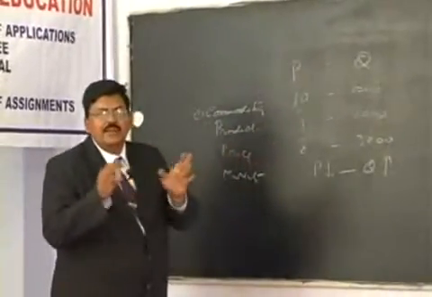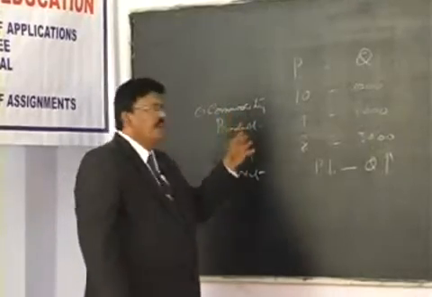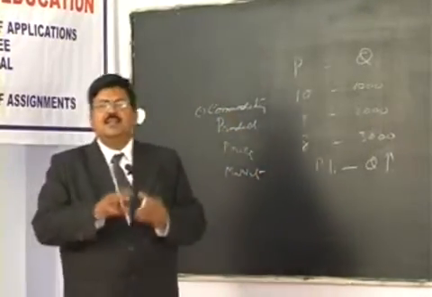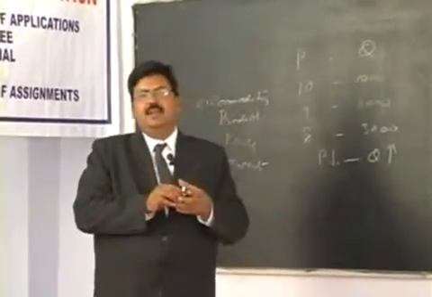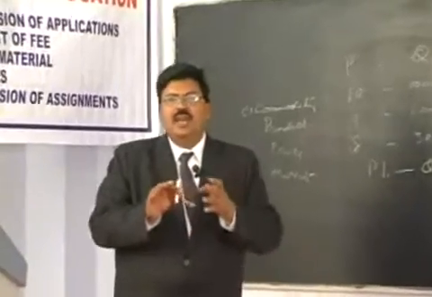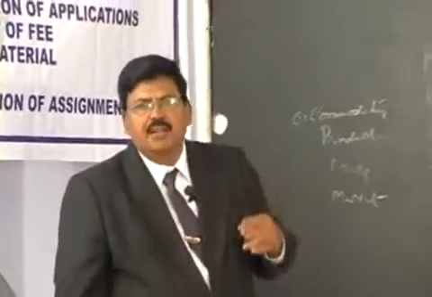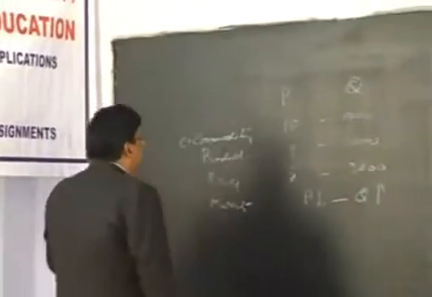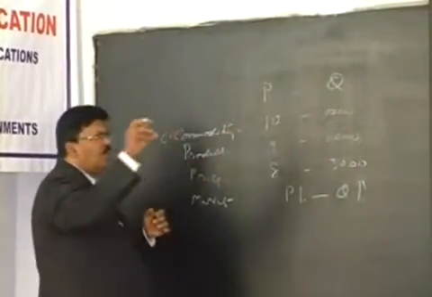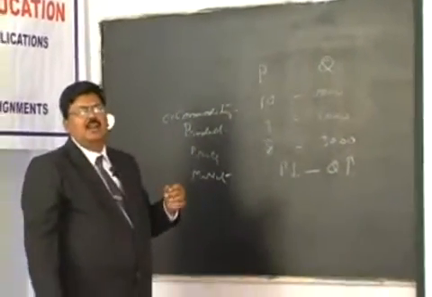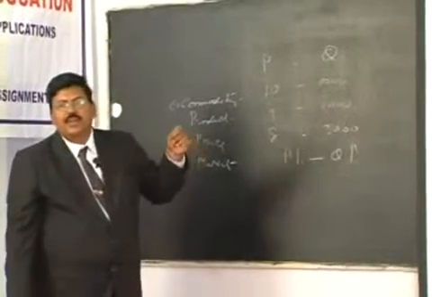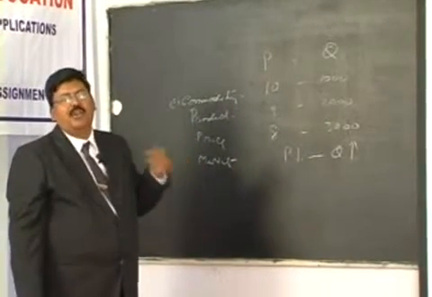And if you want to have a distinction between commodity and product, you can do it. Generally these two can be used interchangeably. If you want a precise distinction of how they are used in economics, you may say that the output of an industry is called a commodity, and the output of a firm is called a product.